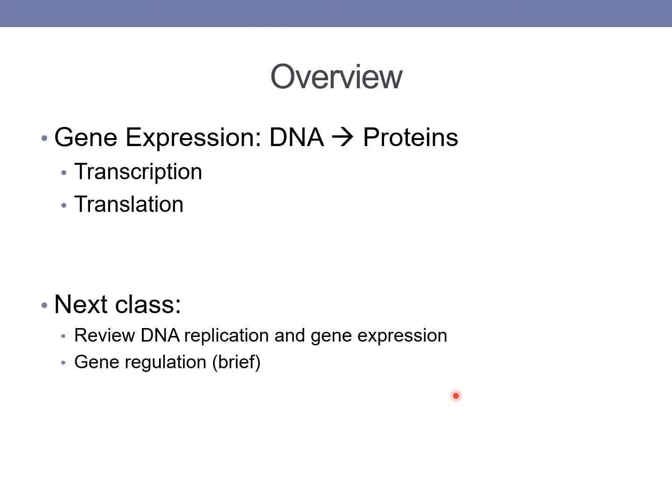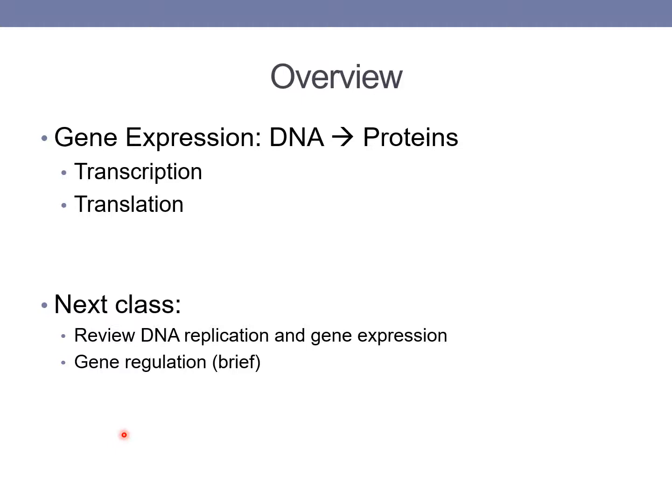So in the next class, we'll review DNA replication, we'll review gene expression, and then we'll have a few examples of how we can go from DNA, transcribe it into RNA, and then translate that RNA into proteins using the master genetic code. We'll also have a brief lecture on gene regulation and how genes are regulated.